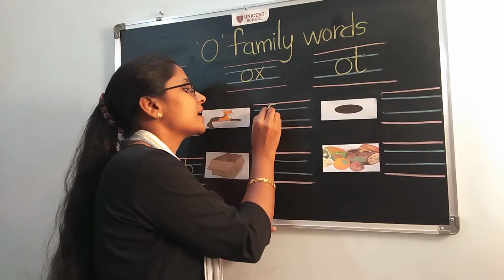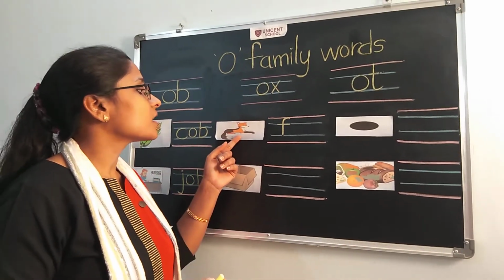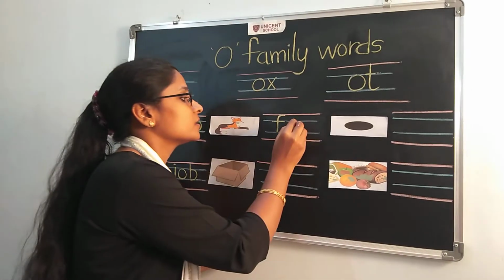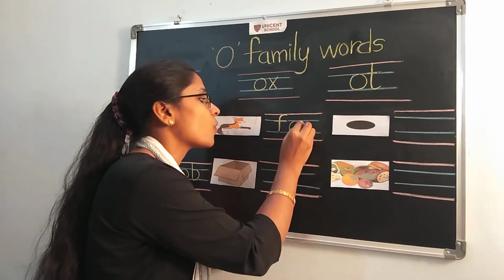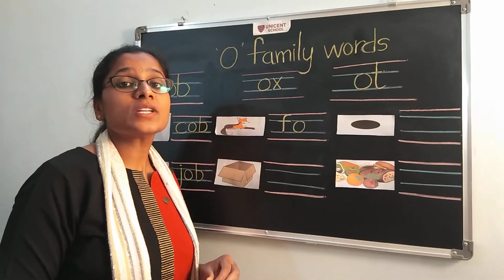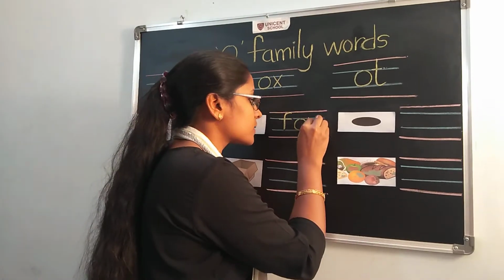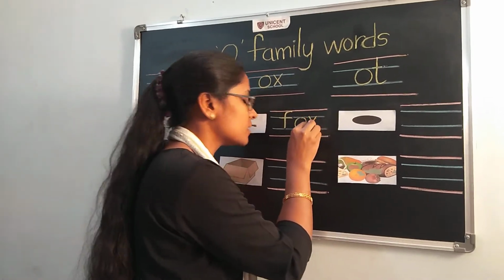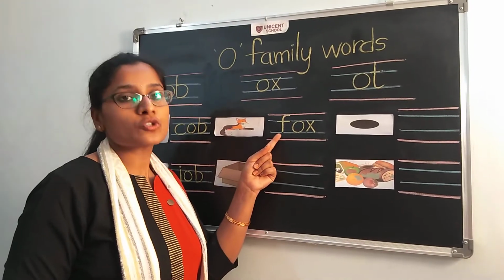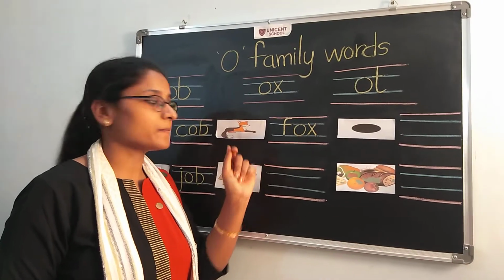So write F. Next is O. O makes the sound O. Next X. X makes the sound x. Fox. When you are writing, we have to remember all the sounds of phonics so that we can write easily and we can frame the word.